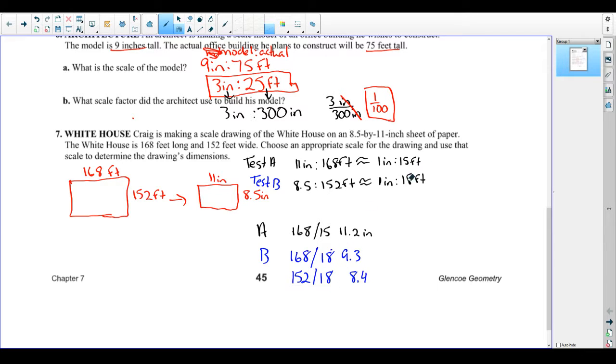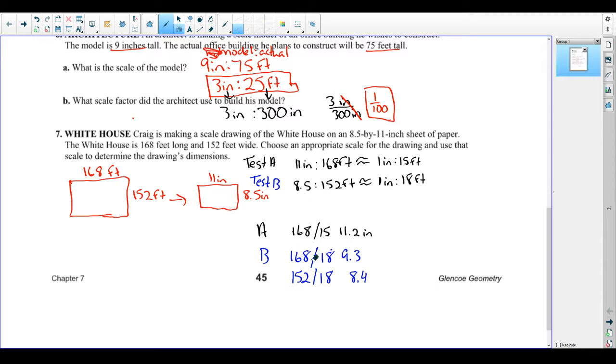So if I divide both these by our scale, 18 feet per inch, right? I can take the actual dimensions and it'll shrink them down to this 9.3 by 8.4. And could we fit a rectangle that's 9.3 by 8.4 in our picture? Yes, we can. A little bit smaller, right? Just close enough.